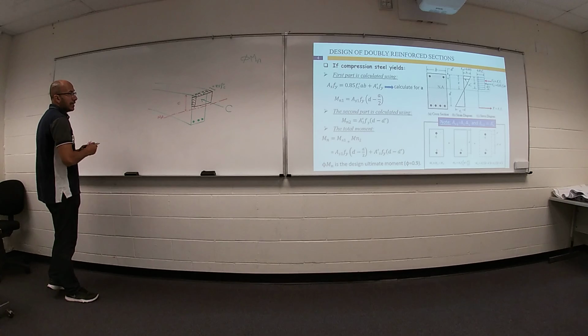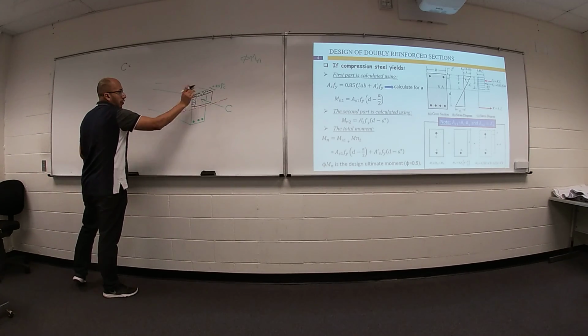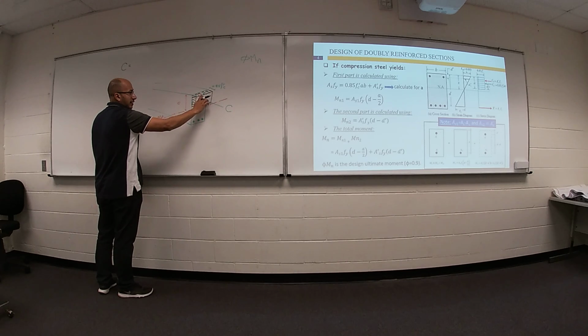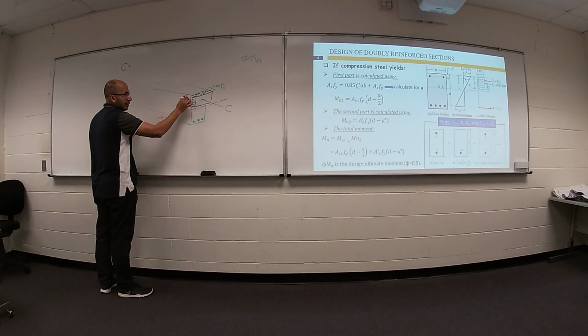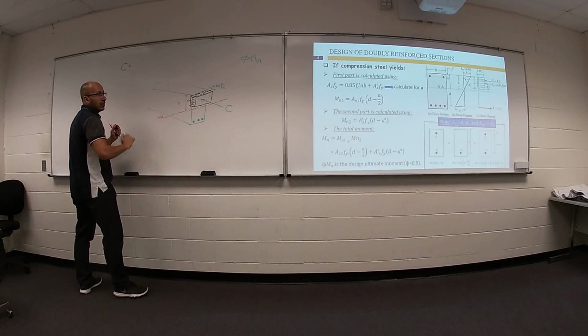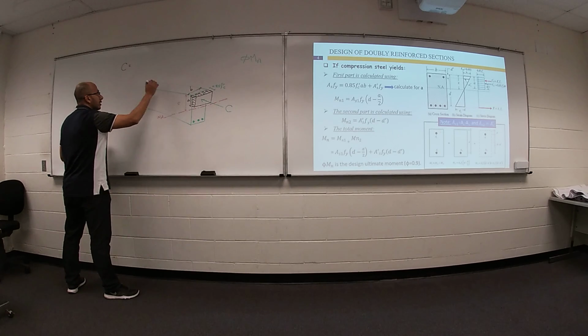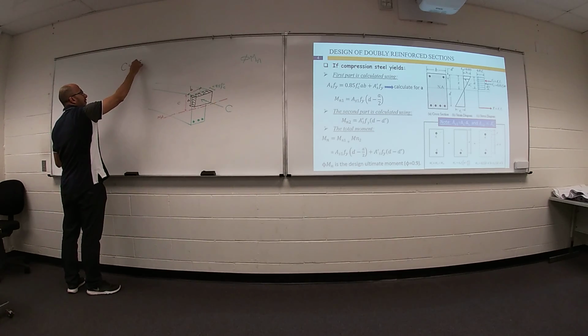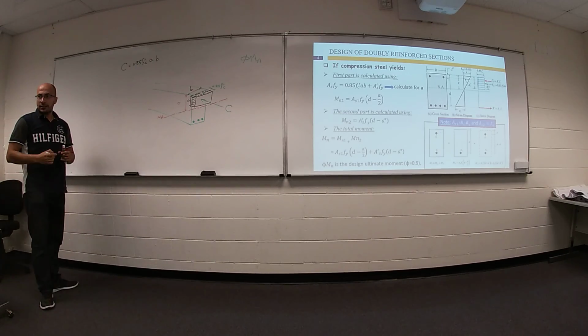Anybody remind me what is the value of capital C? Volume of this block. What is the depth? a. What is the width? b. What is the volume? 0.85 f'c a b. That's right.